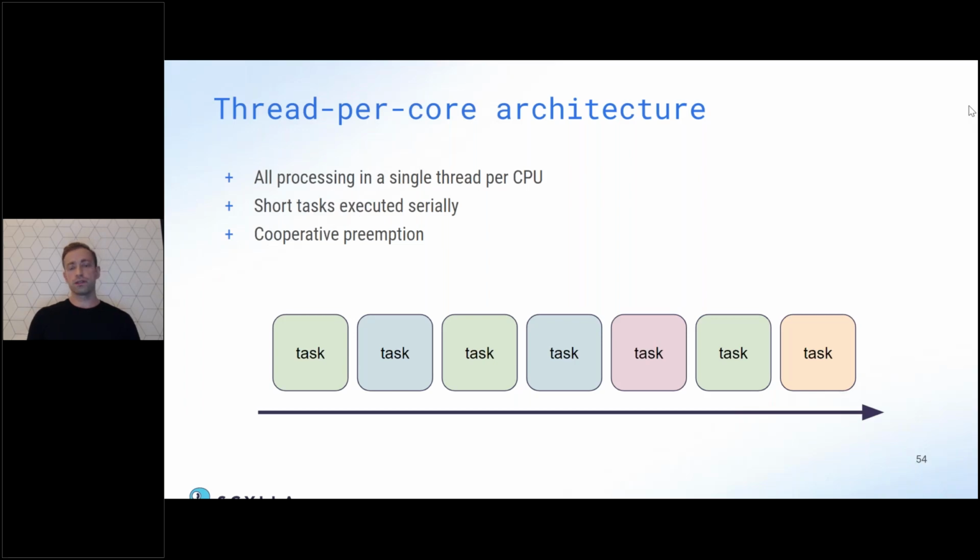And execution is divided into short tasks which are executed sequentially with cooperative preemption, which means that we can control in code exactly what the boundaries of the tasks are.